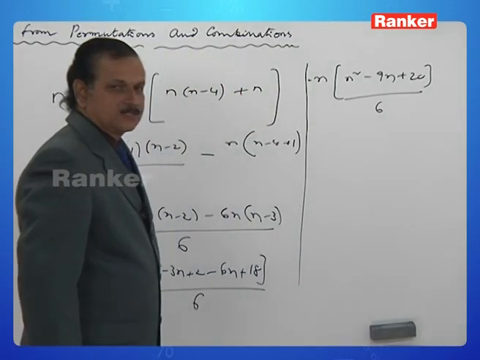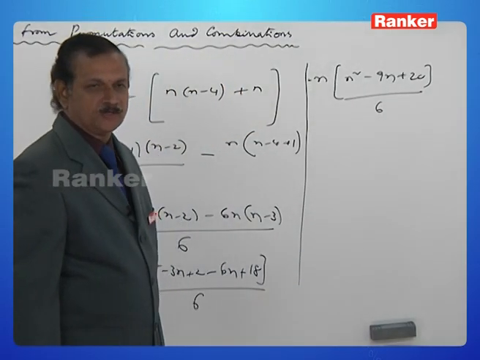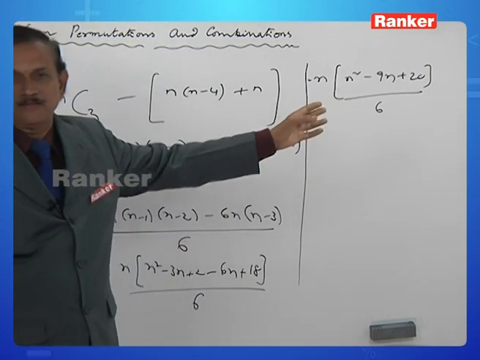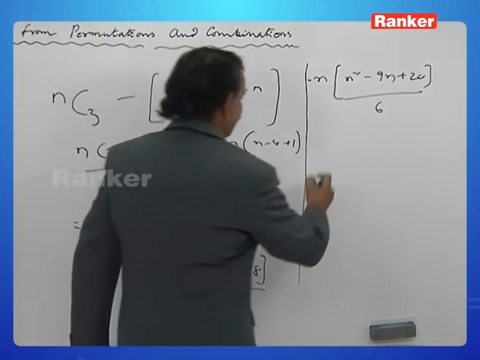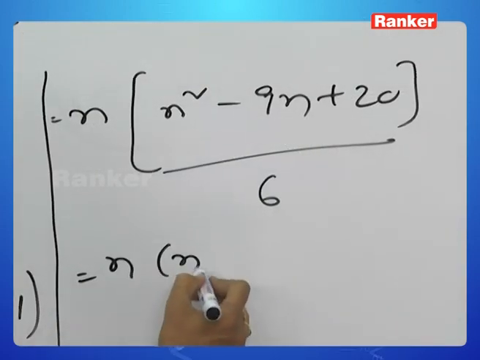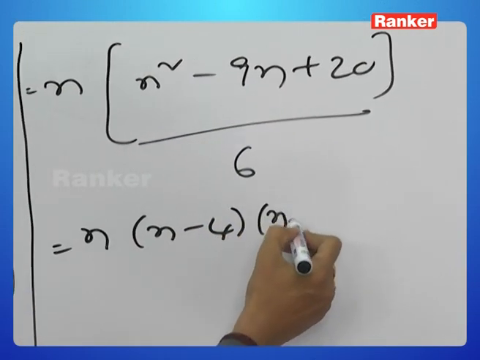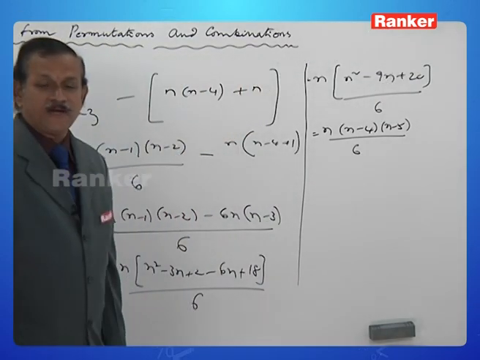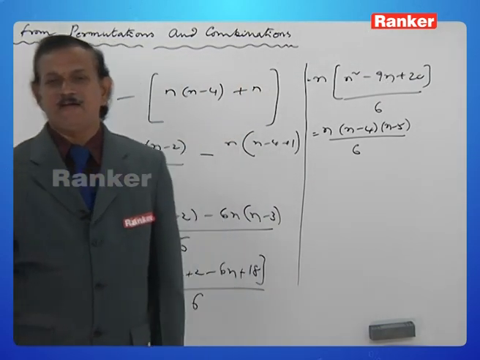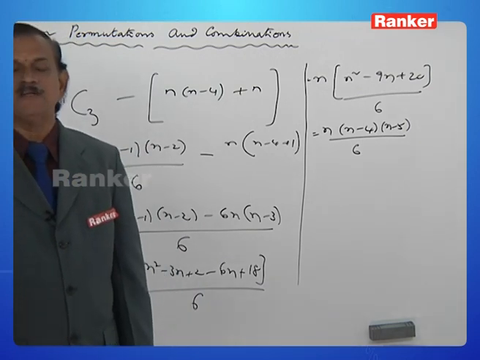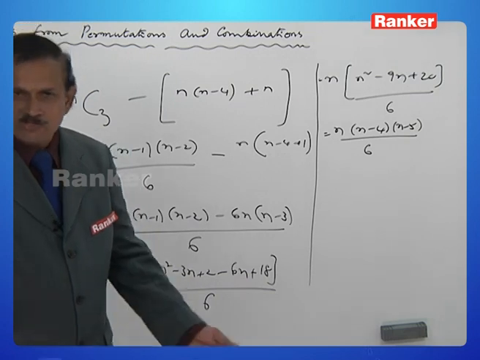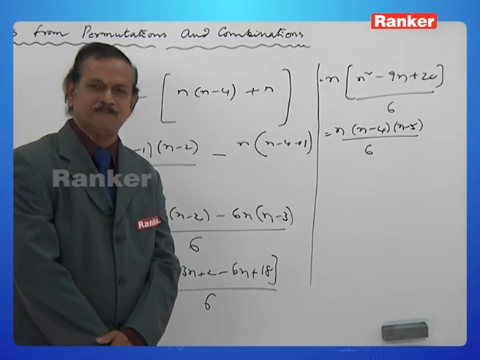And it is a very easy matter to factorize that expression which has been involved in the square brackets. You can see that n into n minus 4 into n minus 5 by 6. We could have successfully derived a new formula of getting the total number of triangles in which no sides are common at all with that of the polygon.